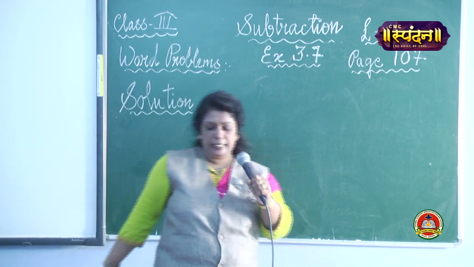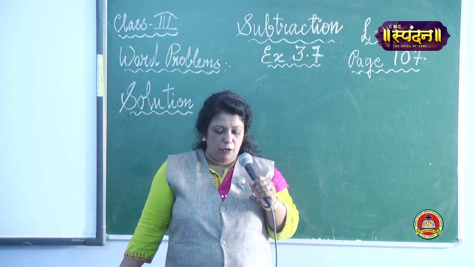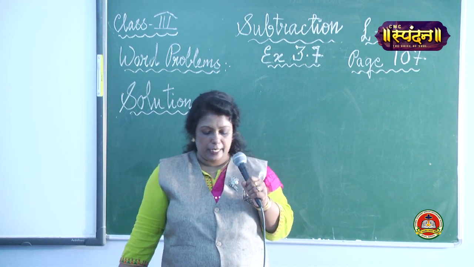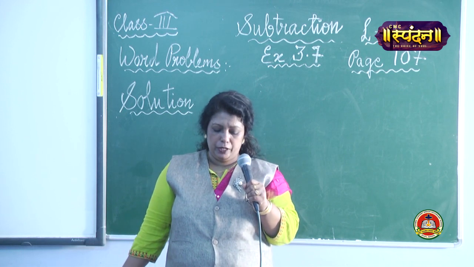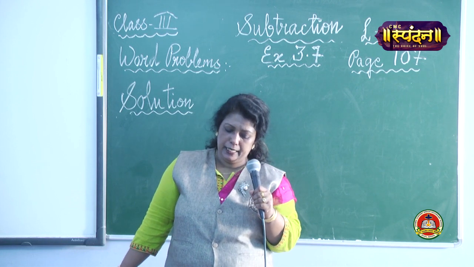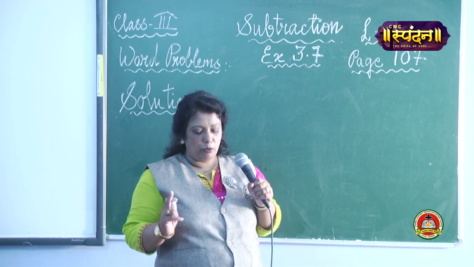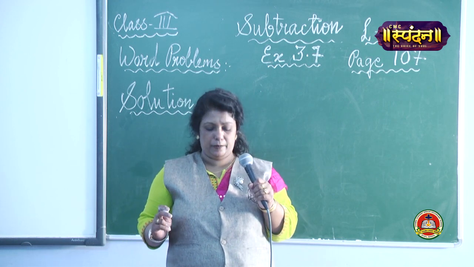First, let me read the sum. The students of a school planned for a tree planting event and they targeted 2,500 saplings. Till evening, they planted only 2,375 saplings.